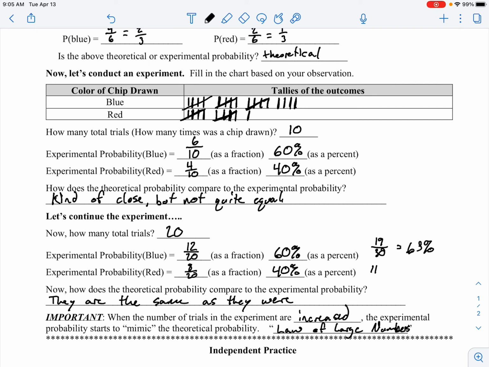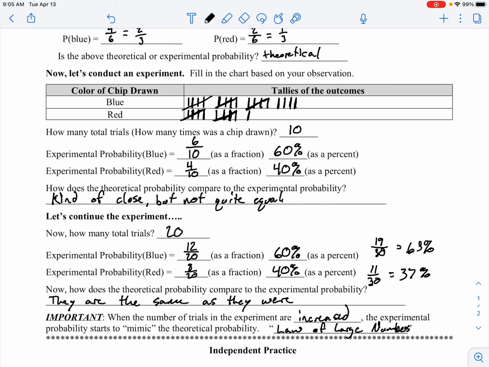And then here, for my red chips, I had 11 out of 30, which is going to give us 37%. Which the red chips theoretical probability says that it should be 33.